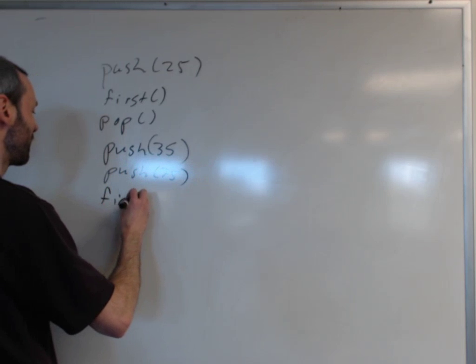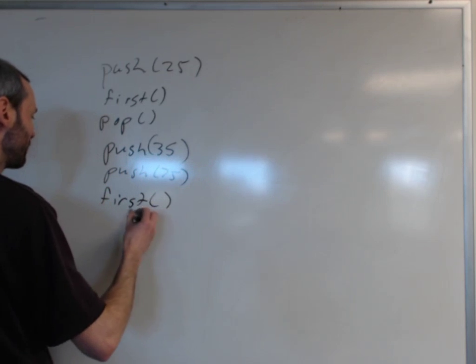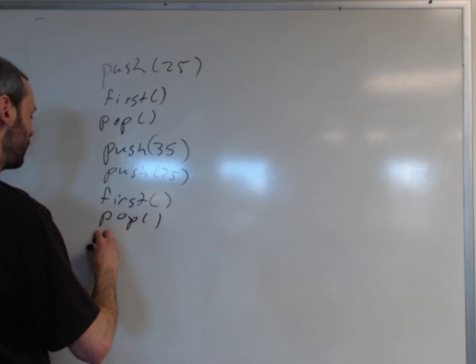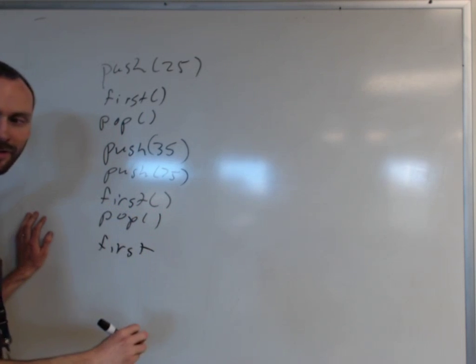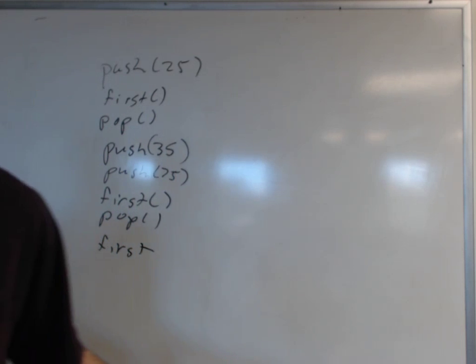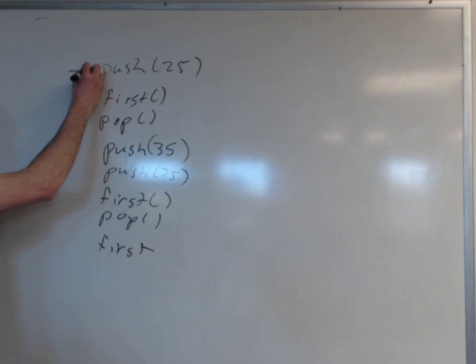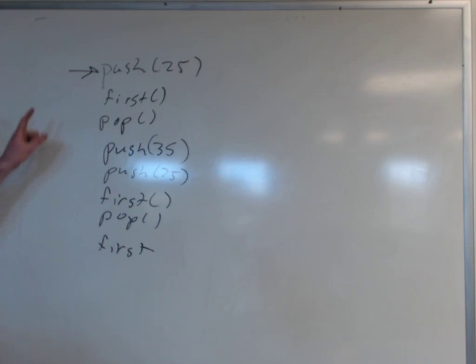Then first, then we'll pop, and then we'll call first again. So that's 75. So that's an arrow.